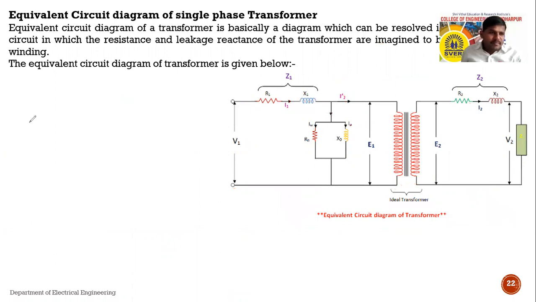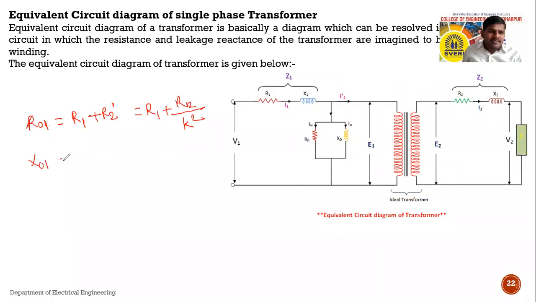Similarly, while writing the equivalent resistance at the primary side, R01 is equal to R1 resistance plus the transferred value of resistance, that is R2 dash. It is equal to R1 plus R2 divided by K square.